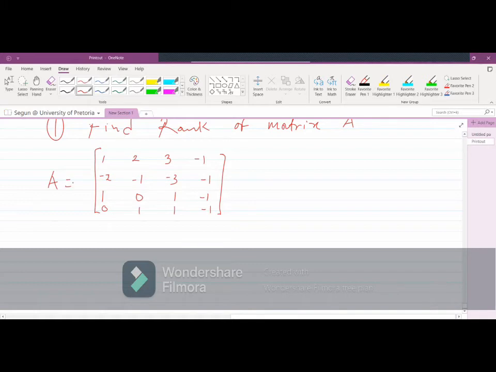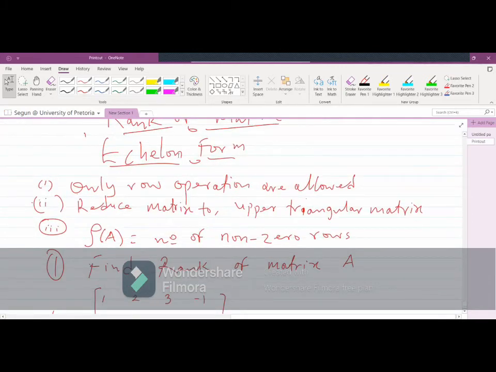We are asked to find the rank. Don't forget, we are using echelon form. One of the things you need to know in row echelon form is that you are only allowed to use rows, not columns, in this method.